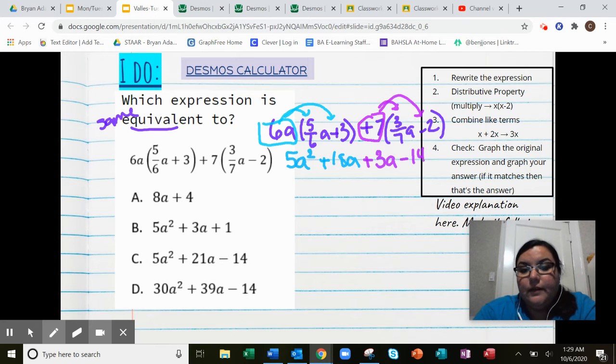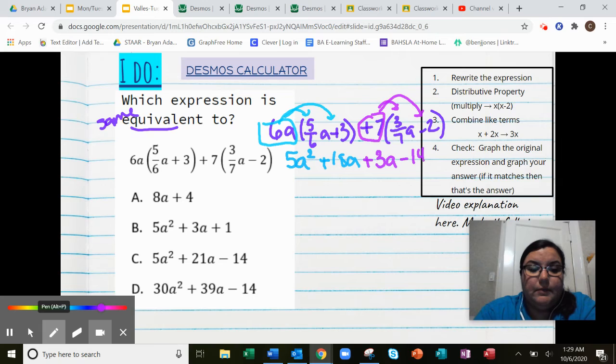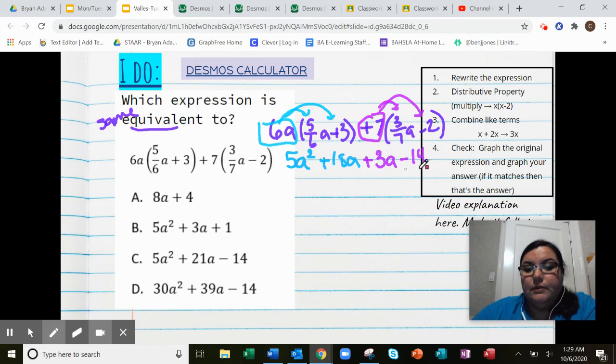Now we're at the step that looks just like we were working on in the last lesson with combining like terms. So we don't see anything else with an a to the power of 2, so I'm going to just go ahead and bring this down. And then I see that I have 18a and 3a, so I can actually combine those two because I have an a.